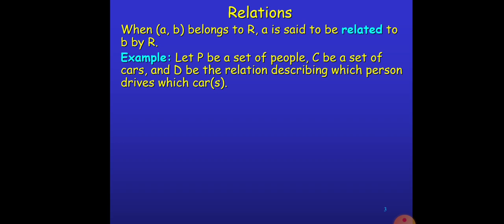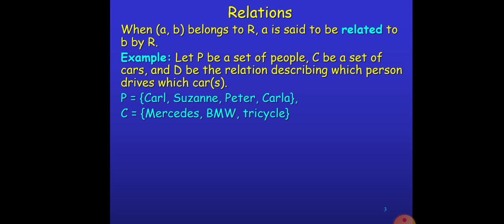Next, let us see one example of a relationship. Let P be a set of people, C be a set of cars, and D be a relation describing which person drives which car. P is the set of Carl, Suzanne, Peter, and Carla. C is the set of cars: Mercedes, BMW, and tricycle.